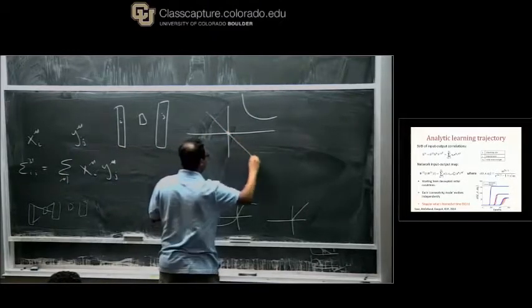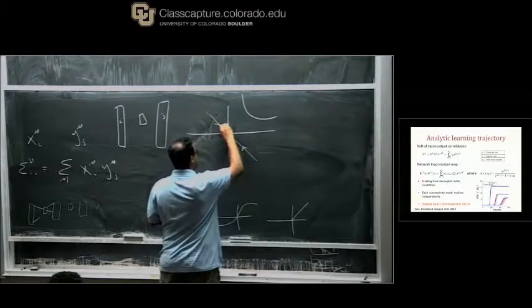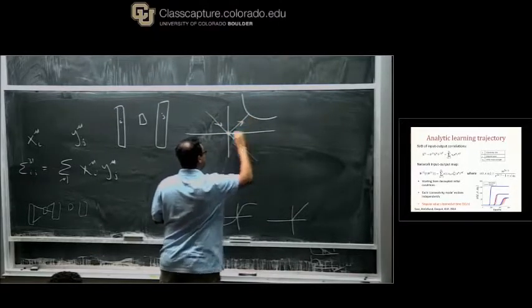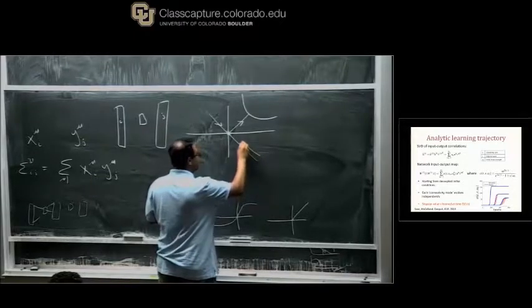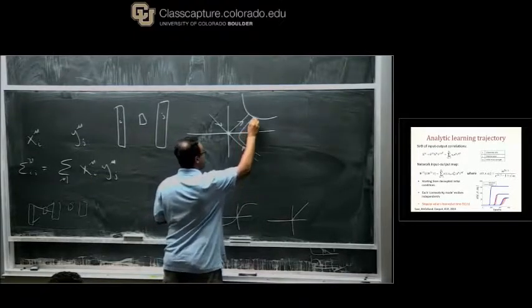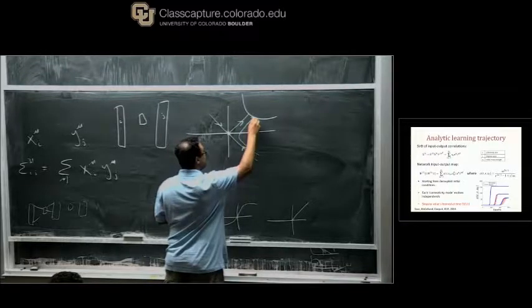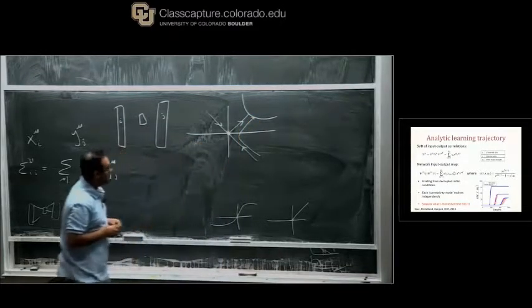There's a stable manifold that attracts the dynamics and an unstable manifold that repulses the dynamics. So a generic learning trajectory will get attracted through the stable manifold and then repulsed through the unstable manifold and end up at the space of 0 error.